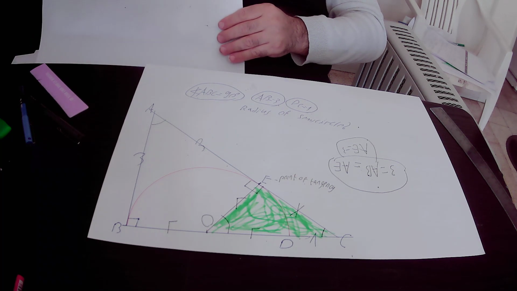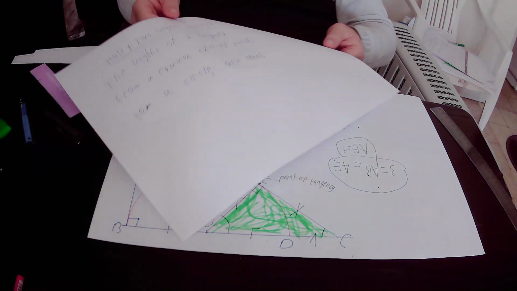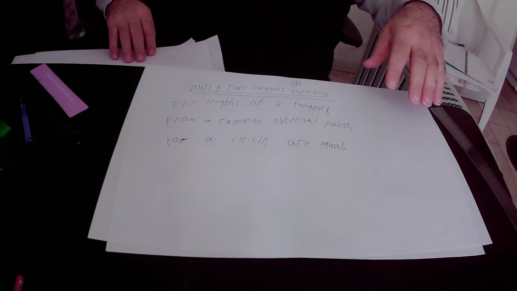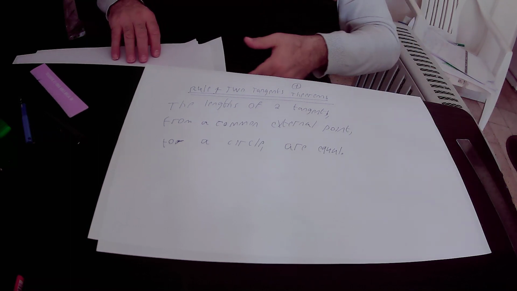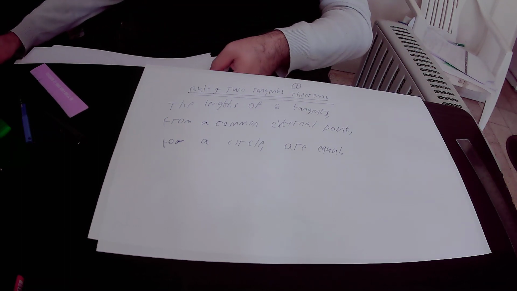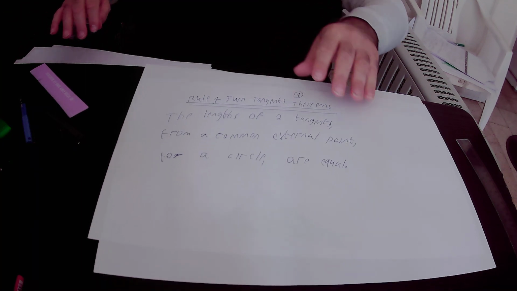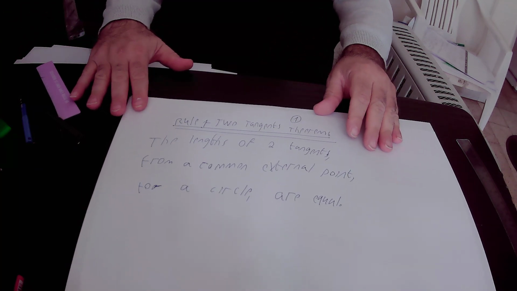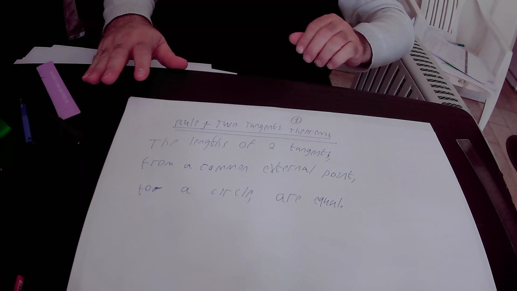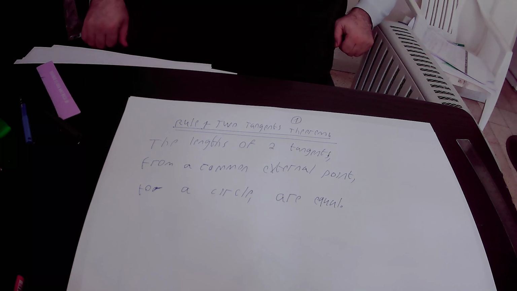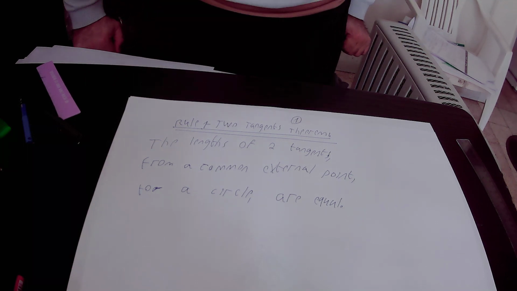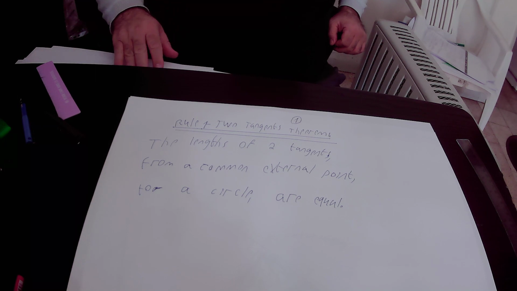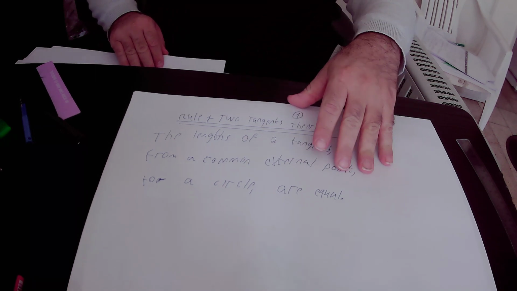So, first of all, I presented to you rule number 1, or the 2 tangents theorem. According to rule number 1, or the 2 tangents theorem, the lengths of 2 tangents from a common external point to a circle are equal. So, what is the meaning of rule number 1?